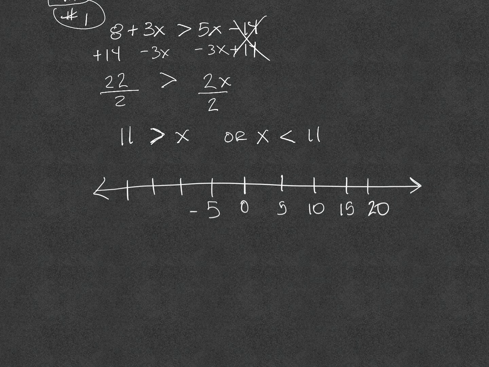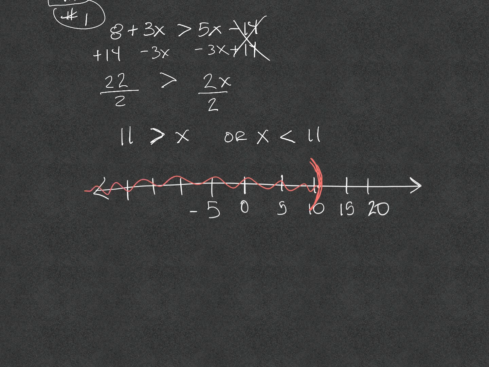Okay, so that puts me at about here, right? And it is less than, x is less than 11. So you know what I'm going to do? I'm going to change my color. And I'm going to do a nice little parenthesis here. And you shade in everything this way.